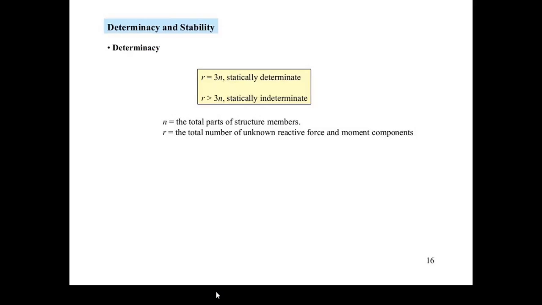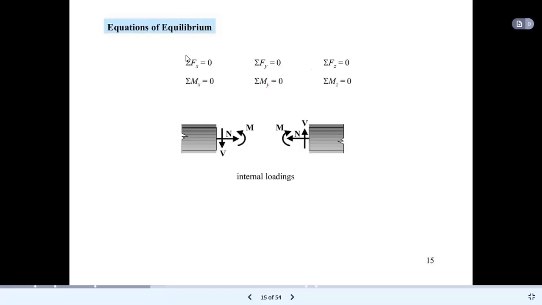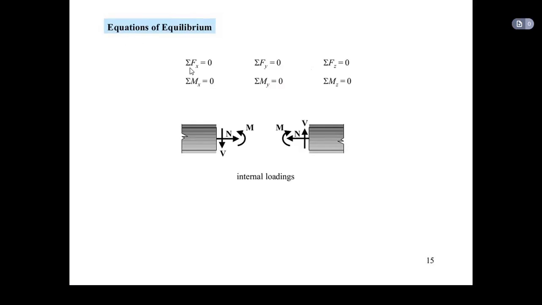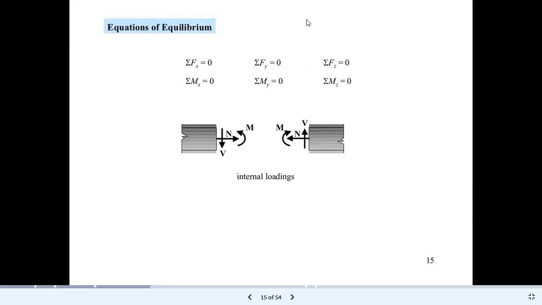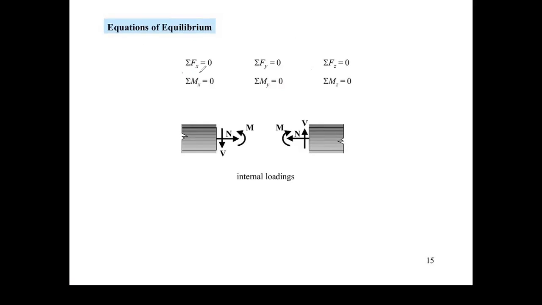We are having equations of equilibrium, right? So just listen carefully. If these equations of equilibrium are sufficient to determine the unknown forces acting on the body, in that case, we will say the structure is a statically determinate structure.